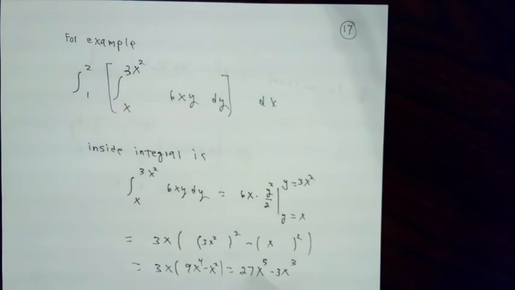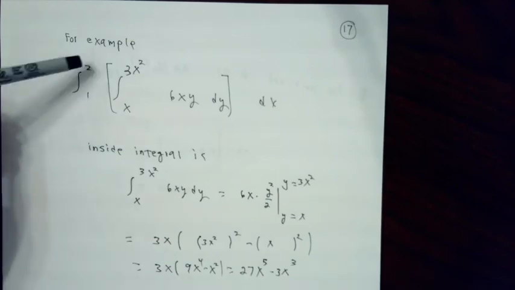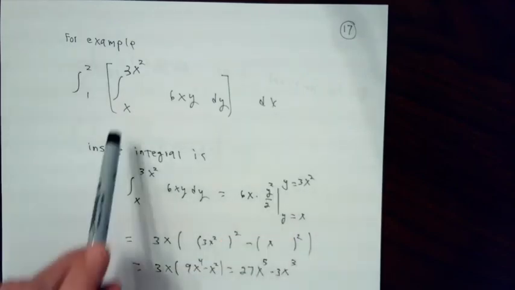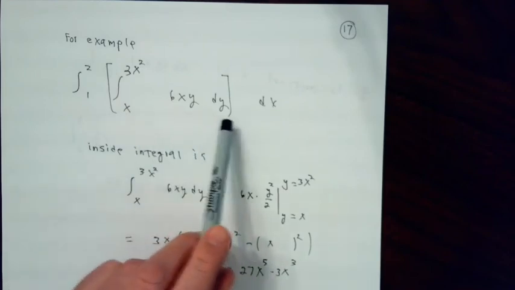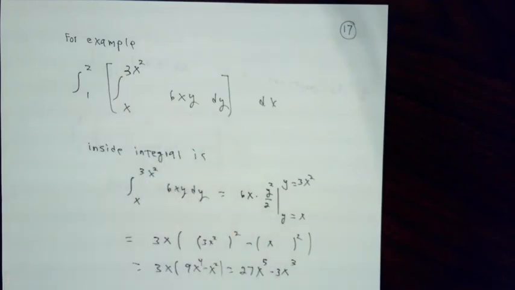So assuming that we can do the antiderivative of this, we will substitute in two different expressions involving x only for the y. The result will depend only on x. We'll be left with the problem of integrating from 1 to 2 with respect to x, whatever function of x this works out to be.